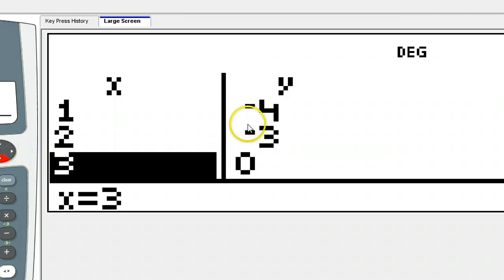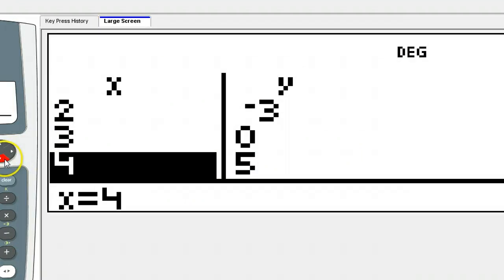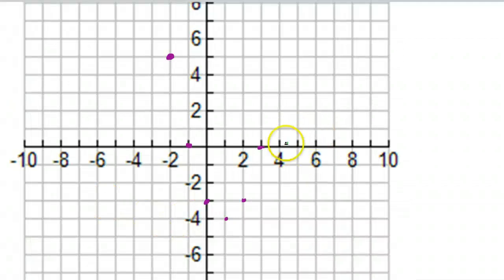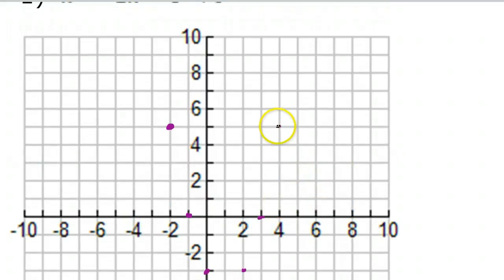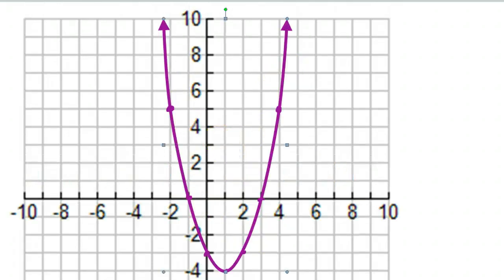All right, then we have negative 4, negative 3, 0, and 5, and then 12. Obviously, there's 5, but then 12 is off the graph, so I'm not going to worry about that right now. So this is our parabola. Let's go ahead and draw the parabola through these dots. All right, so here is our parabola.